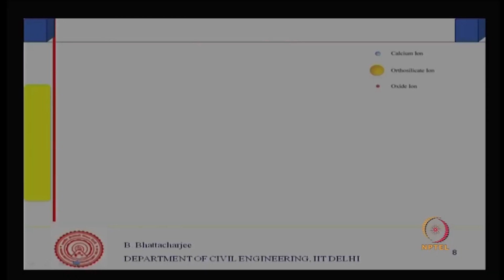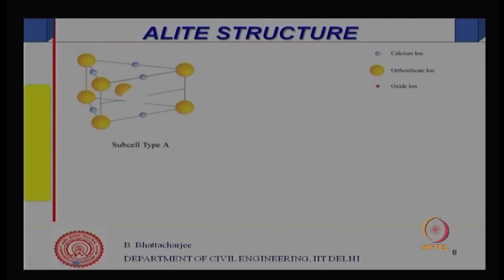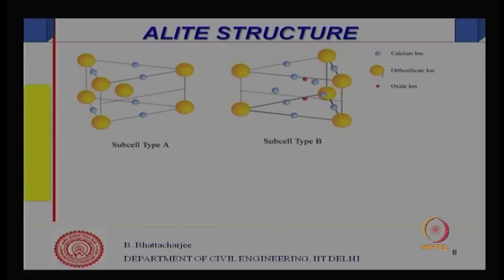Let us look further into the tricalcium silicate, or alite, structure. You see, this has subshells. These are the calcium ions, the orthosilicate ion, that is SiO4 negative, the oxide ion and the calcium ion. They are arranged in subshells like this.